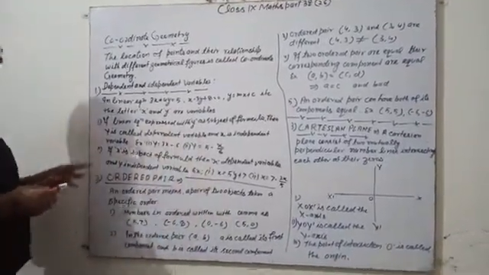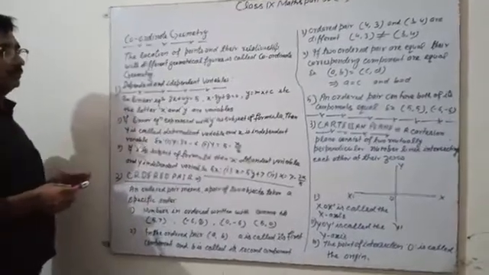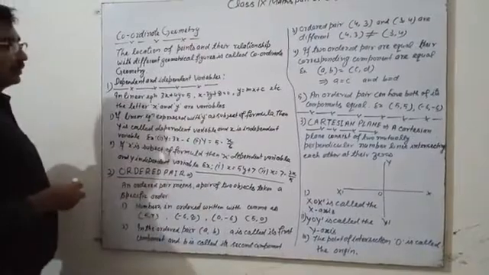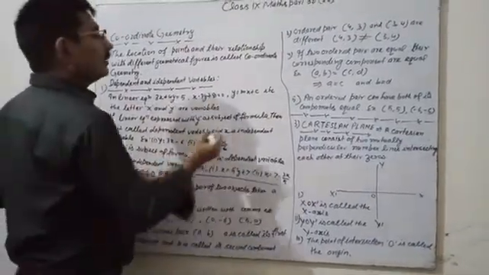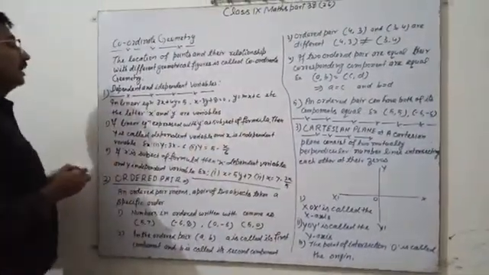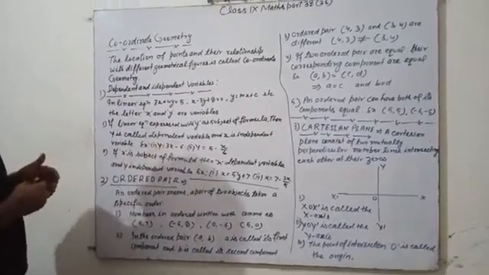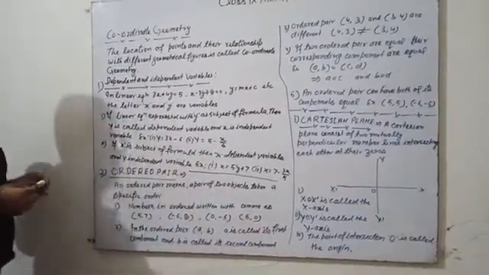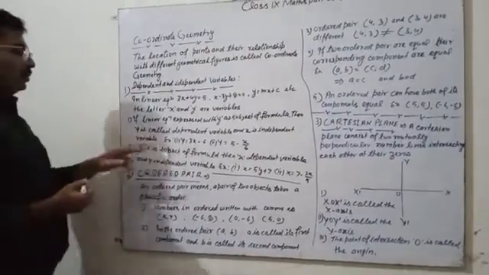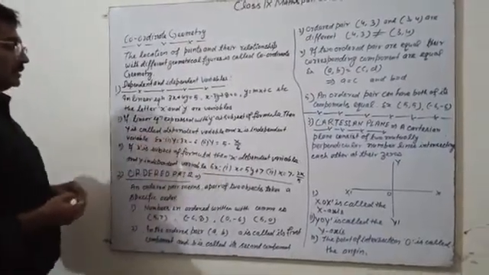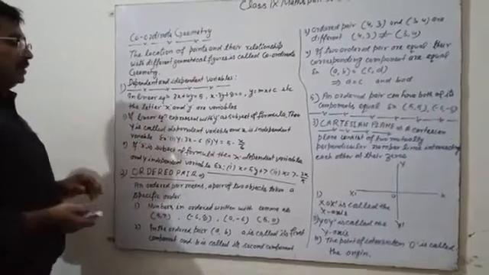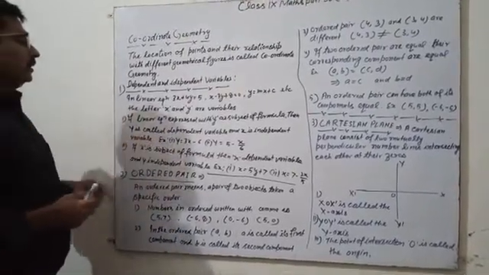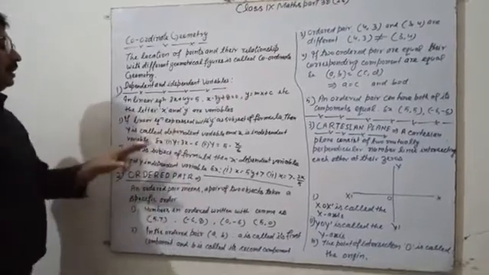If a linear equation is expressed with y as the subject of the formula, then y is called the dependent variable and x is the independent variable. For example, y equal to 3x minus 6. Here y is the subject of the formula, so it is a dependent variable.